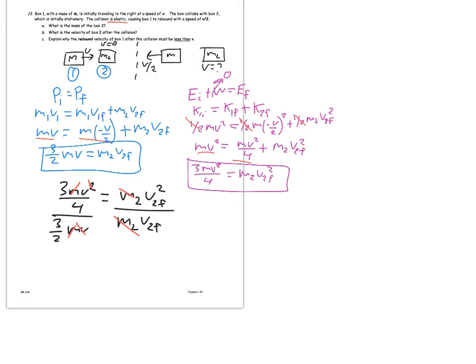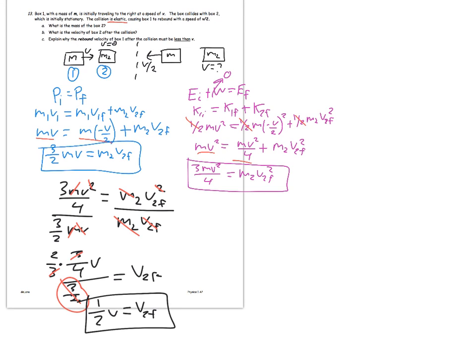On the other side, the m2's cancel. One of the v2f's cancel. And what I'm left with is 3/4 v over 3/2 is equal to v2f. I'm going to multiply by the reciprocal here. So dividing by 3/2 is really the same thing as multiplying by 2/3. And what I end up getting there, because the 3's cancel out, is that 1/2 v equals v2f.